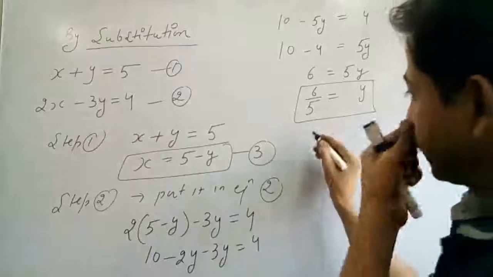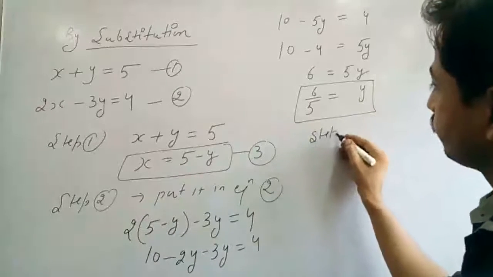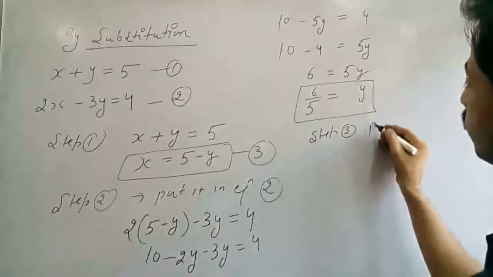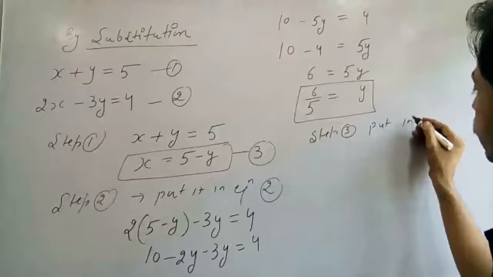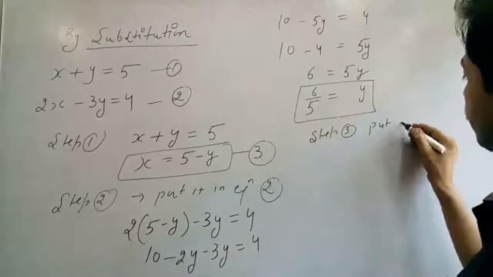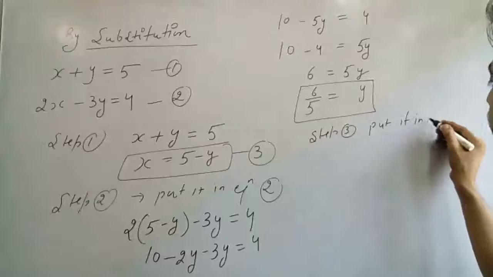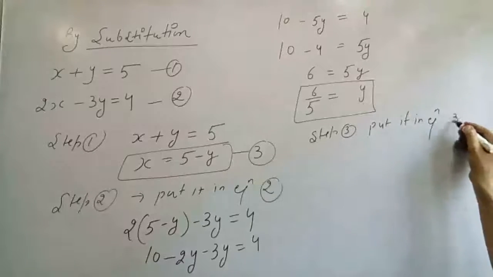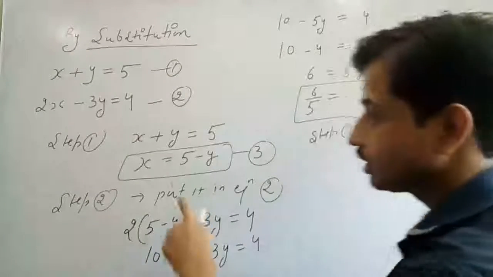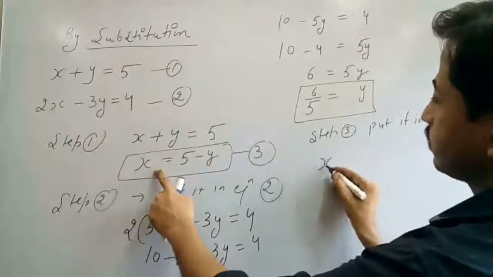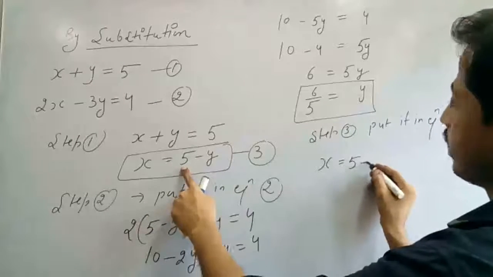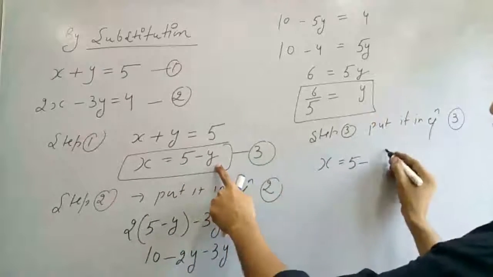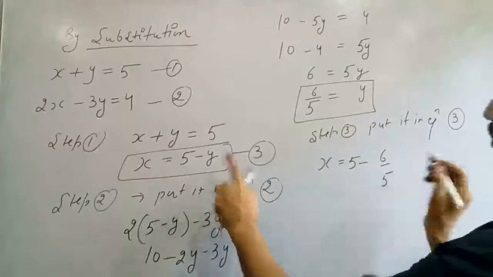Now next step is what? Step 3. Put it in equation 3. What's equation 3? x is equal to 5 minus y, and the value of y is 6 divided by 5.